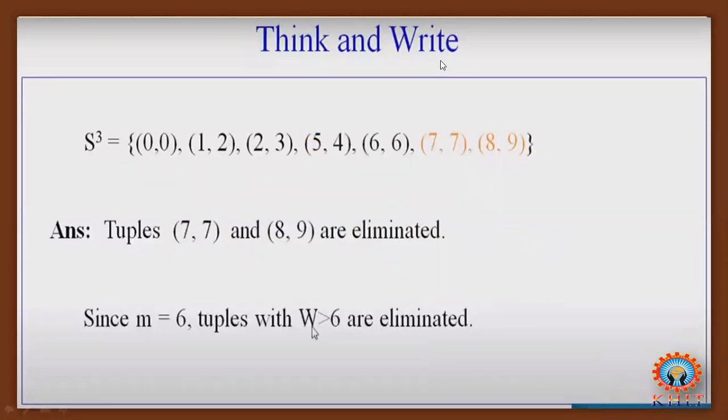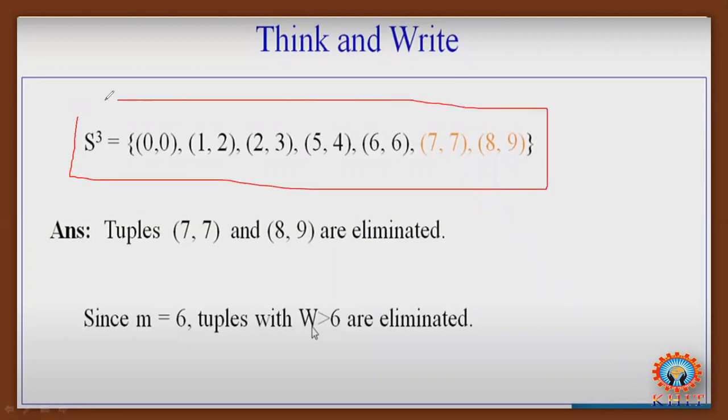Okay, now clearly observe that you will get the pair values of S power 3. Students, think once carefully, observe there is a mistake here. What is the capacity of the knapsack? The capacity of the knapsack is capital M, equal to 6 kg.